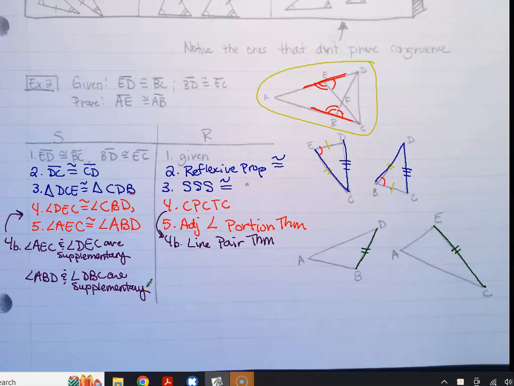So we get to insert that in there because we should have said that they were supplementary so that we could jump to the adjacent angle portion theorem. Because then if they're supplementary, yeah, then the larger angles are congruent.